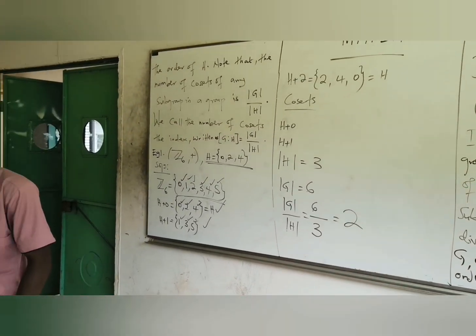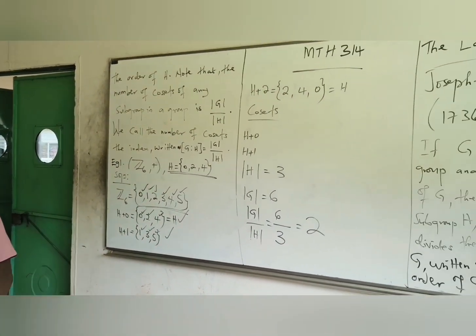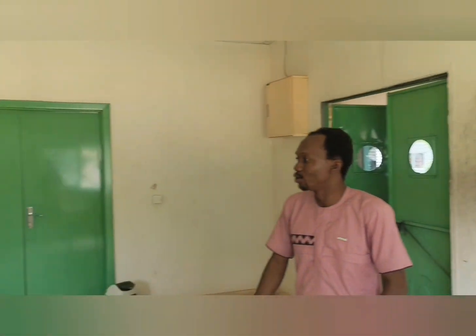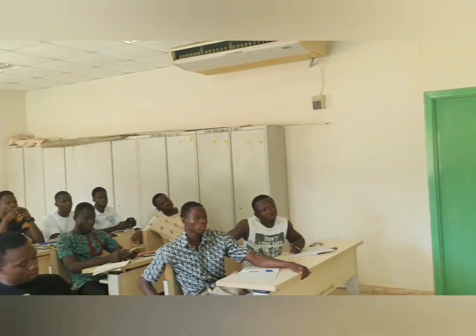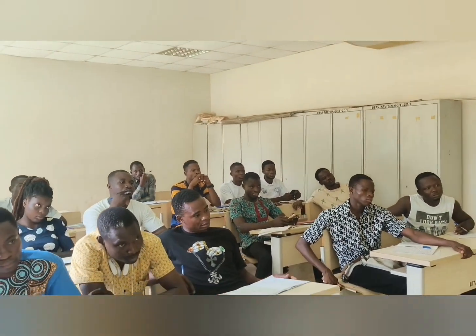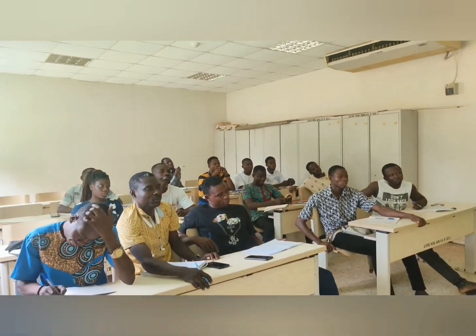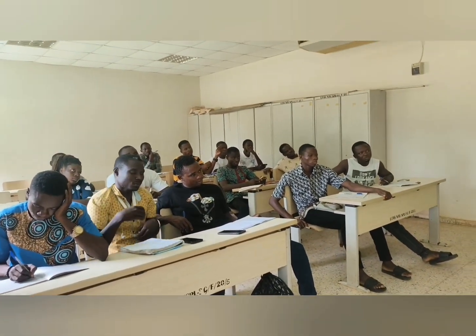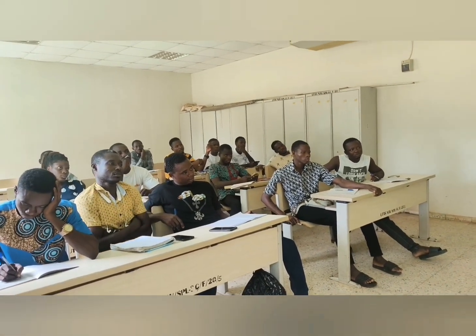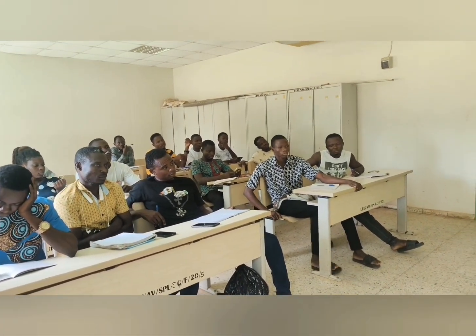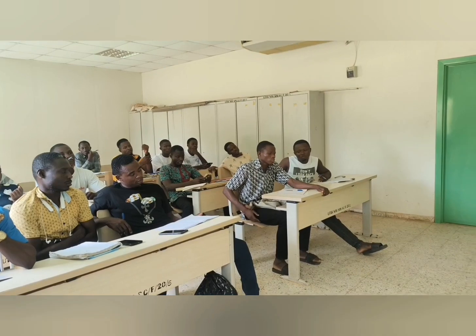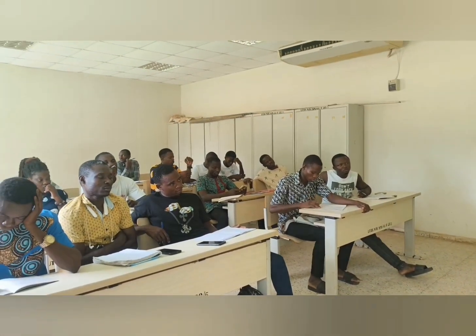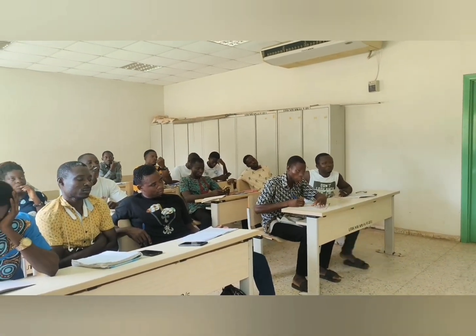The order of the group is 16. So 16 divided by 2 is 8, and that's the number of cosets. Very good. So you see that it's satisfied.